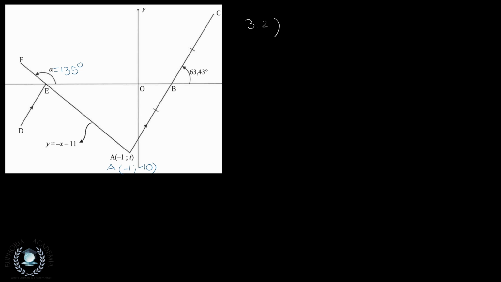For 3.2, we're asked to find the equation of the line AC in the form y is equal to mx plus k. Alright, now for an equation of the line, we either need a gradient and a point, or we need 2 points.